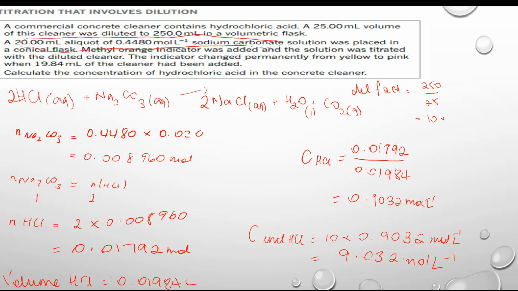But of course we've got that dilution factor that we calculated before, a 10 times dilution, so we need to times it by 10. And so our final calculation, or rather the initial concentration prior to dilution, is 9.032 moles per litre. Again, that's four significant figures, as we've been given in the question.